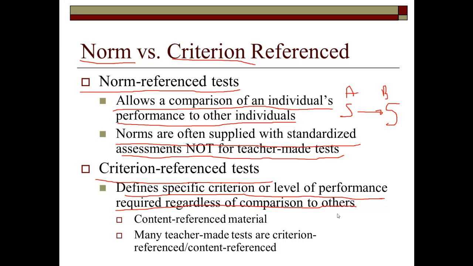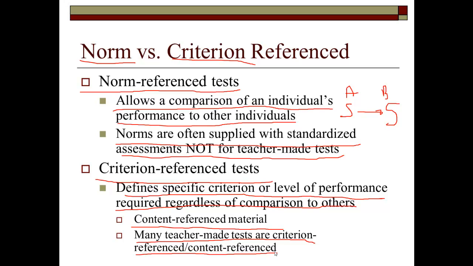And so the standard changes with a norm reference test, but with a criterion reference test, it doesn't matter how many people take the test. You've got a passing score and a failing score.